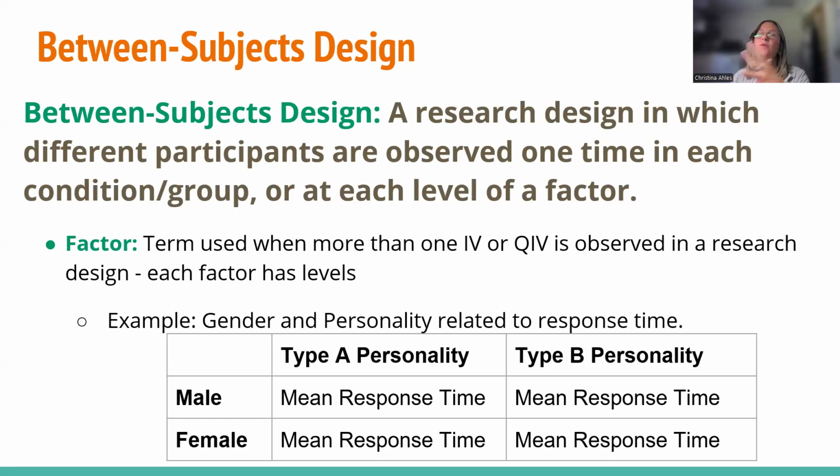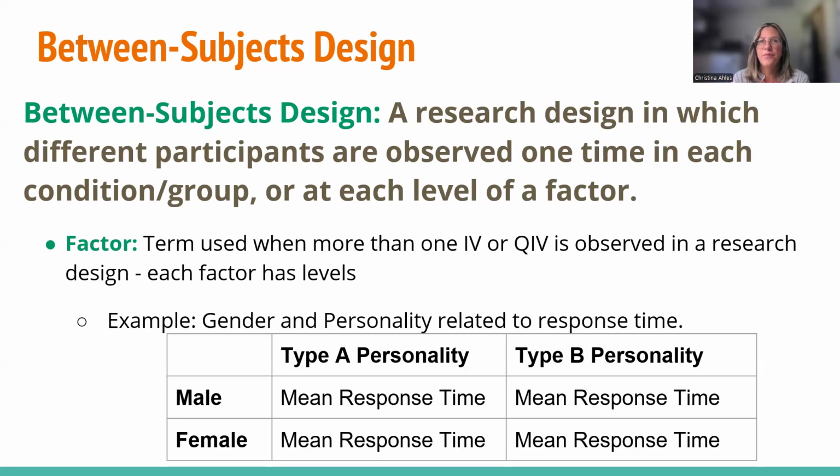That's how the research design is created. And between subjects design just means there are different participants observed in each condition or group. For a t-test, there are two groups, with different people in each of those groups or conditions.